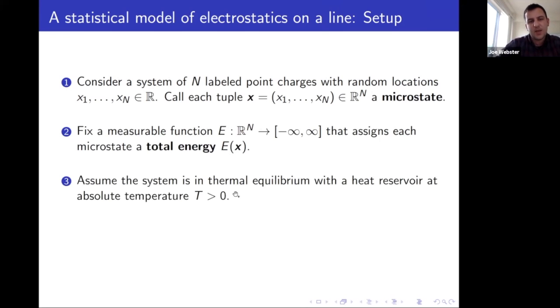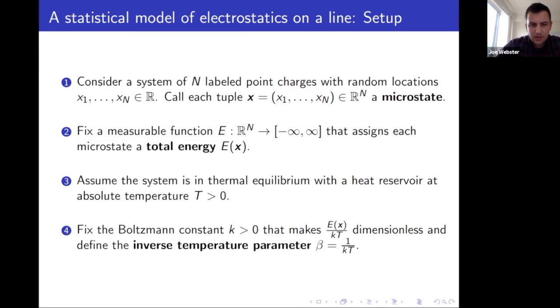It's just a way of making sure that the energy of a microstate is allowed to fluctuate without changing the temperature of the system. So the way to make this happen is to assume the system is in thermal equilibrium with a heat reservoir. I like to think about the real line sitting in a bathtub, so it can trade energy with the bathtub without affecting the temperature of the whole apparatus. That temperature will be capital T.